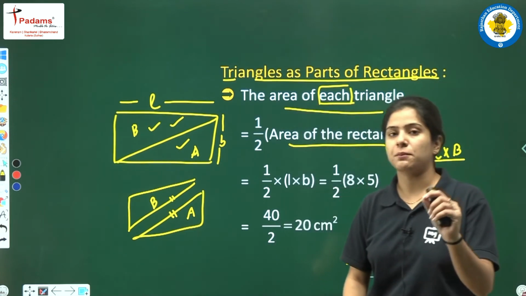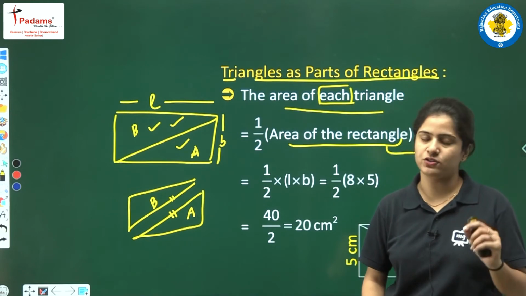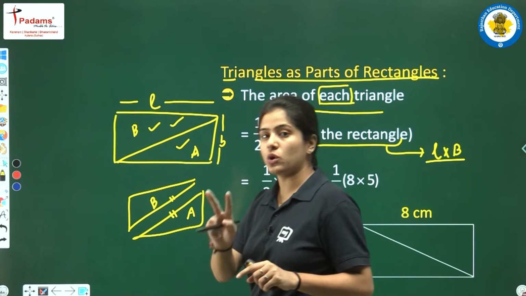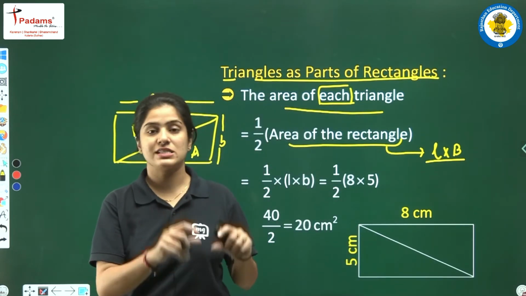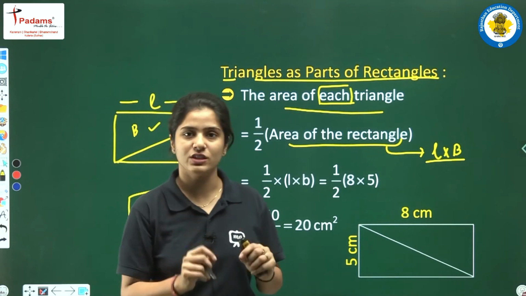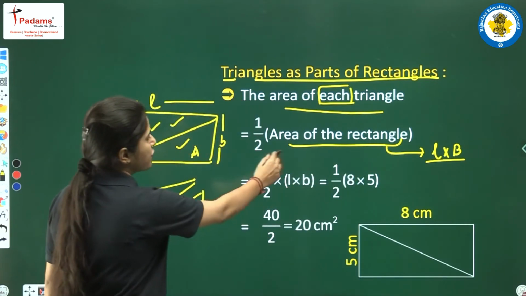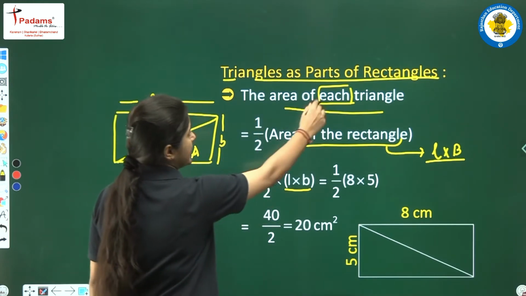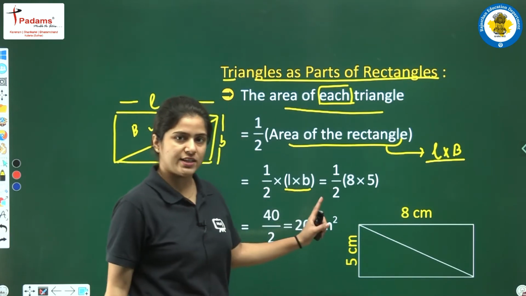So the area of each triangle is half of the area of the rectangle, because inside a rectangle there are two triangles. The area of the rectangle is length into breadth, so the area of each triangle is equal to half into length into breadth, right students?